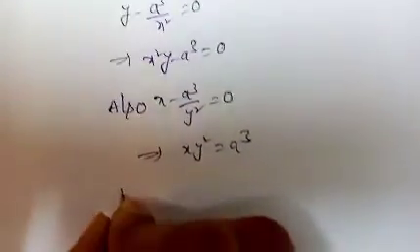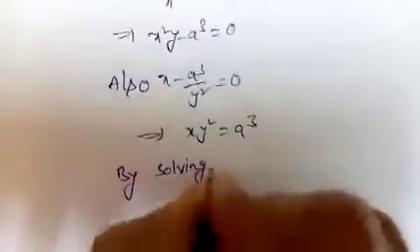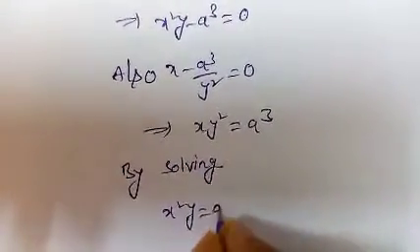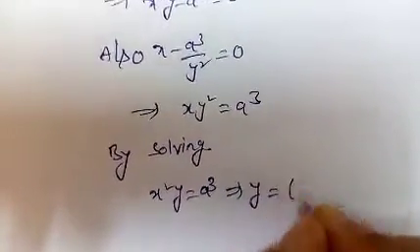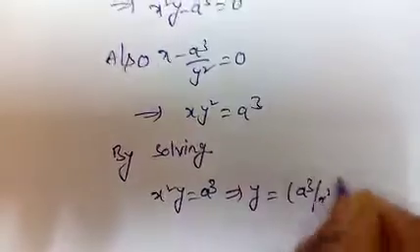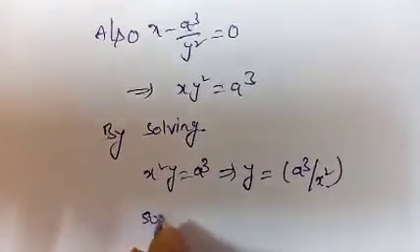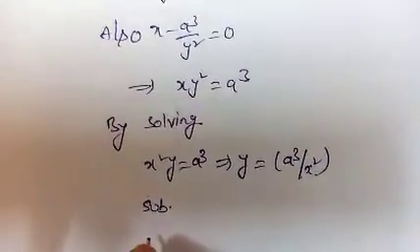So then by solving those equations, x square y equal to a cube. So from here y equal to a cube by x square. So now by substituting these values, we get the value of x.